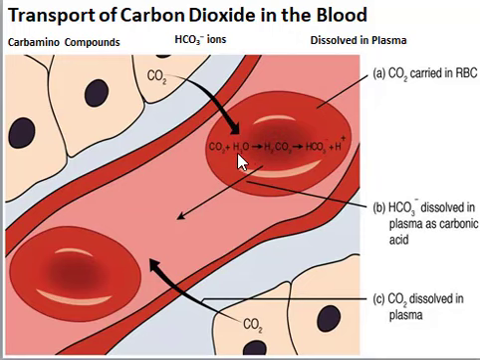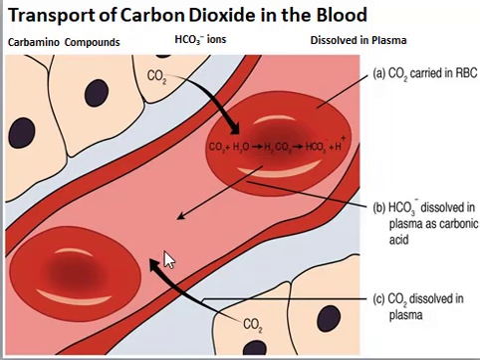In the hemoglobin, it is either a carbamino compound or in the form of HCO3 ion, and this HCO3 ion will pass from the red blood cells to the plasma. Why does it pass to the plasma? This is for the buffering system, to decrease the acidity of the blood.